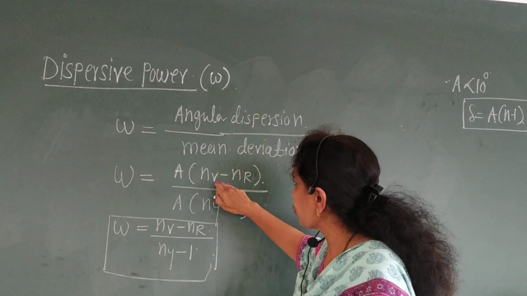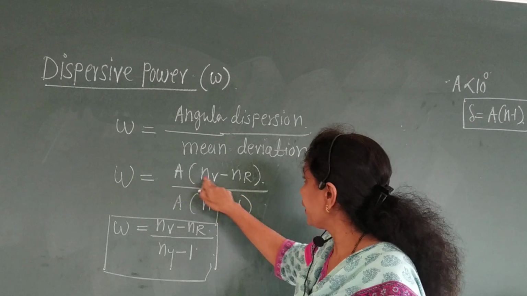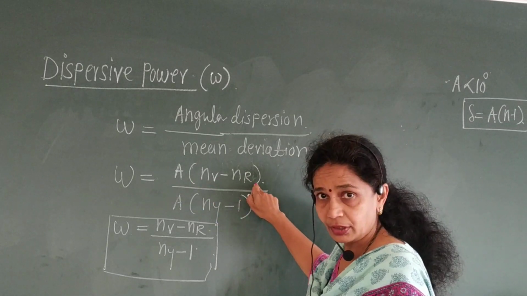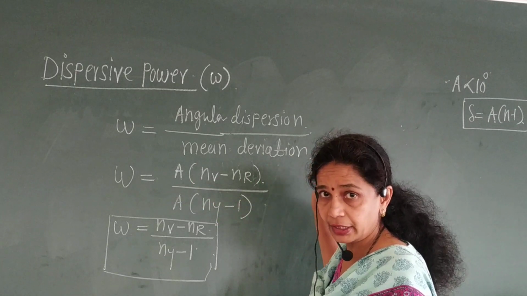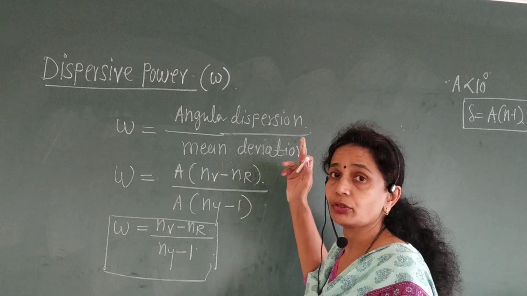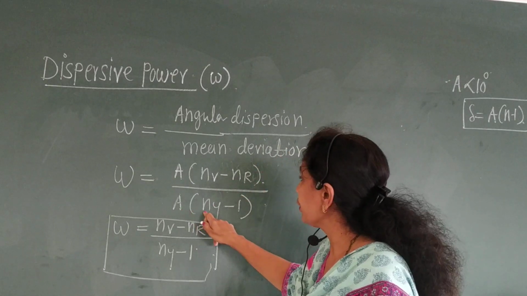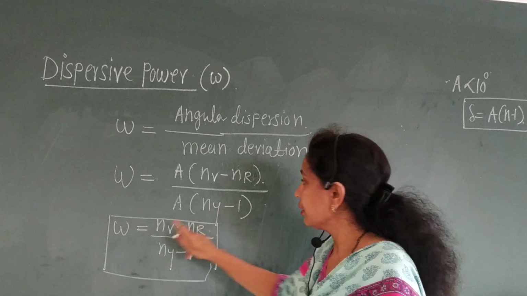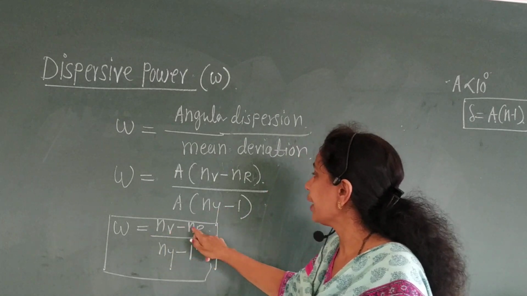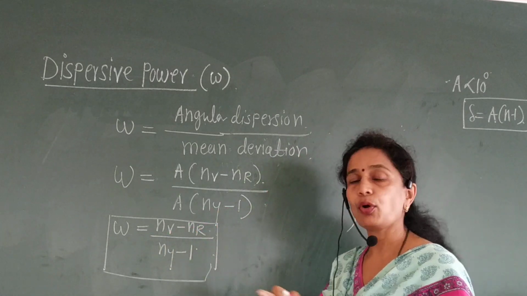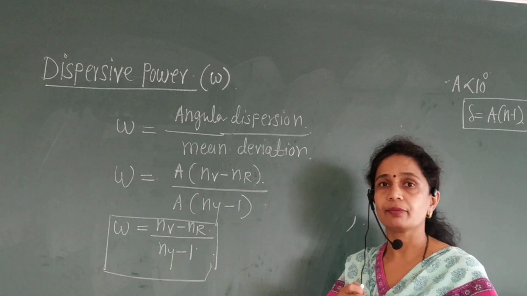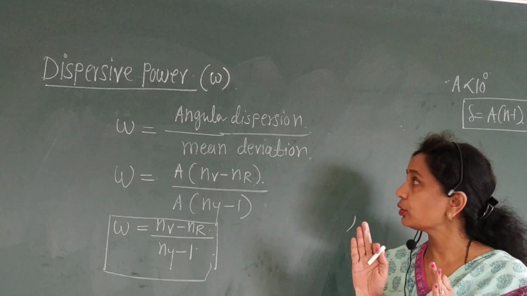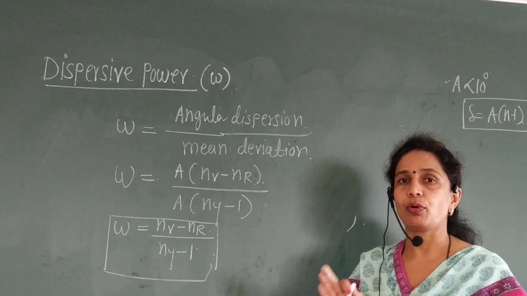We have obtained the formula for angular dispersion as A into (nV minus nR). Mean color is the yellow color. For that, what is the value of mean deviation? A into (nY minus 1). Therefore, omega is equal to (nV minus nR) upon (nY minus 1). This is the expression for dispersive power.